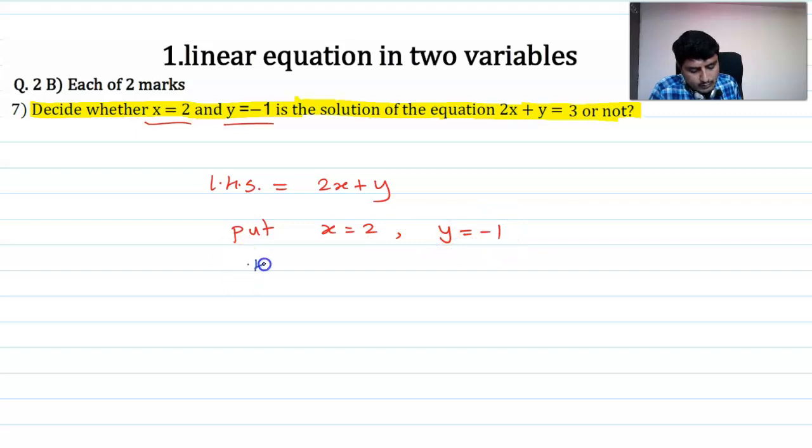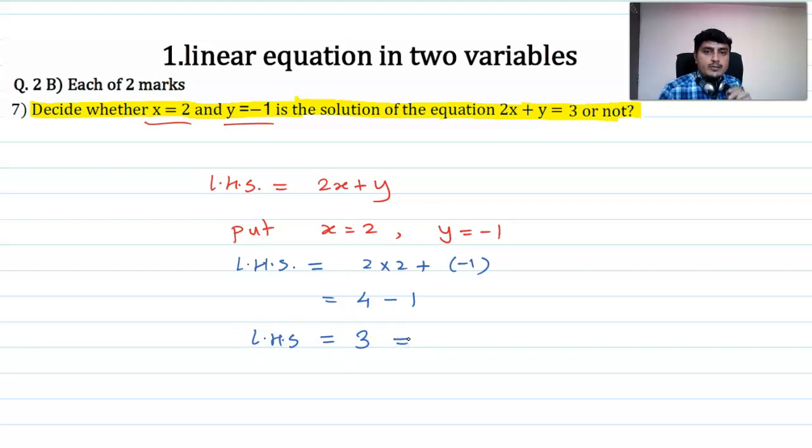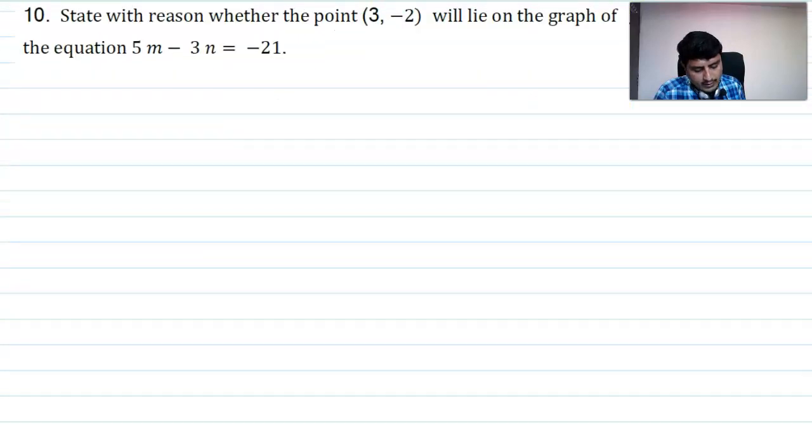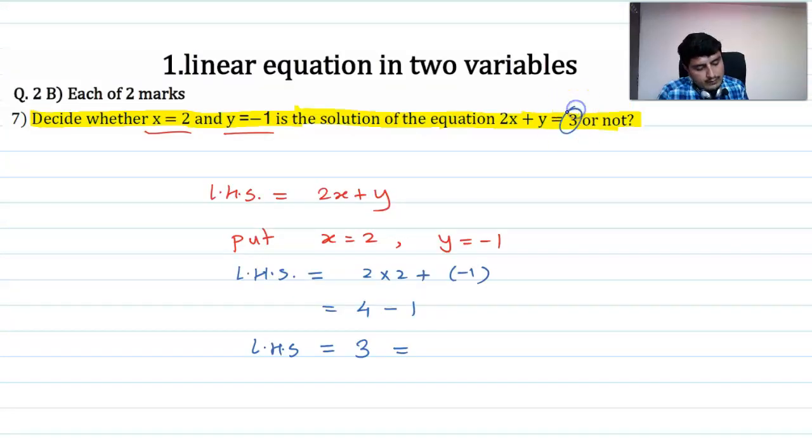Now in the LHS, let us replace x by 2 and y by minus 1, so the LHS is of the form 2 into 2 plus minus 1. 2 twos are 4, plus minus becomes minus. So 4 minus 1 we are getting 3. So once we simplify the LHS by replacing x by 2 and y by minus 1, we get 3, that is exactly equal to the RHS of the given equation.